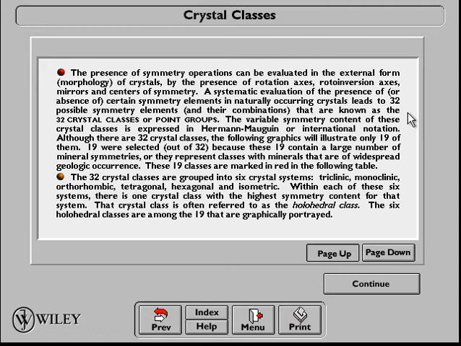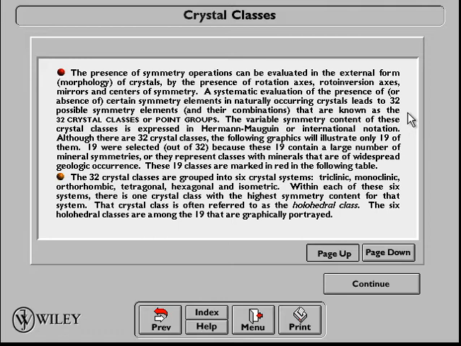So we have 32 crystal classes or point groups. The variable symmetry content of these crystal classes is expressed in the Hermann-Mauguin or international notation. The following graphics will illustrate only 19 of them.